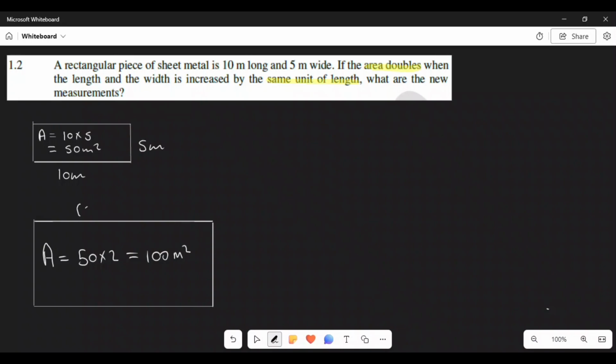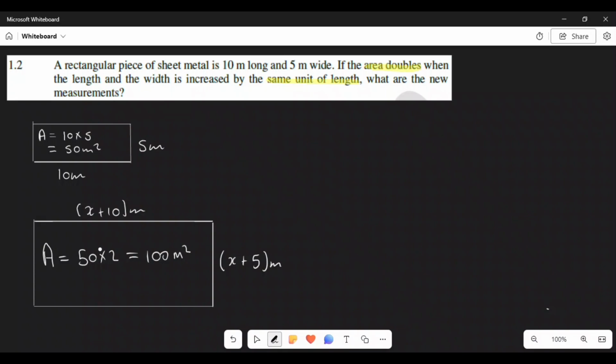The length is x plus 10 because it increased by that many meters, right? It increased by the same length. And then the width, we can say is x plus 5 meters. I cannot stress enough how important this is, because we need to understand it. It was a bit tricky, but if you pay attention, this is basically how you do it.